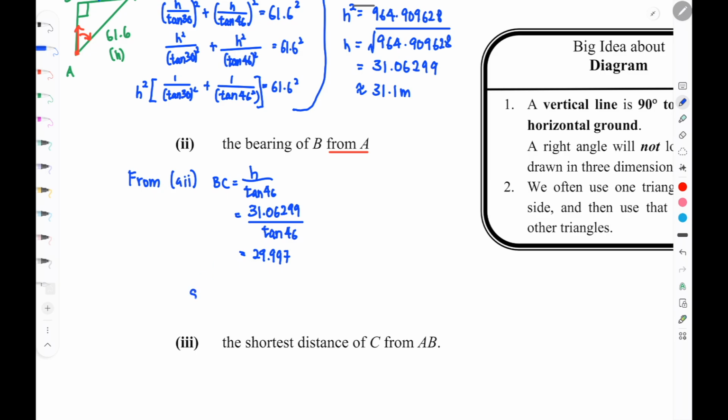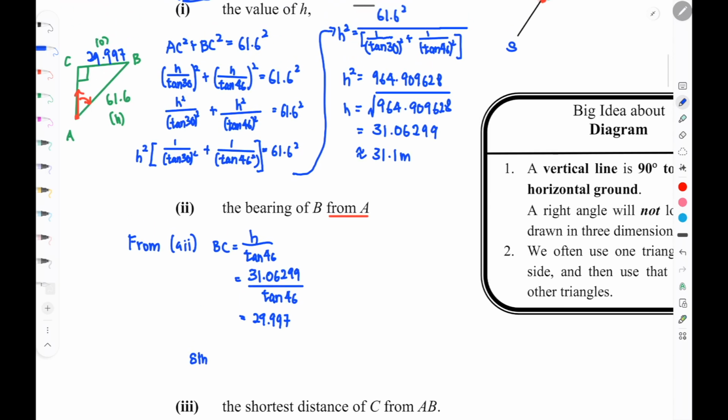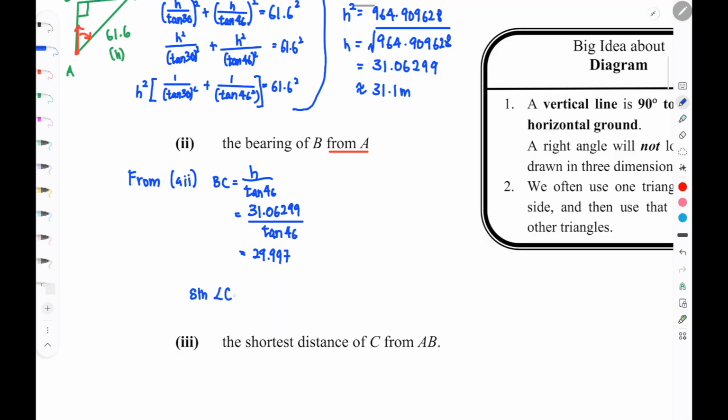I'll use sine CAB equals 29.997 over tangent 46. I bring my sine over.